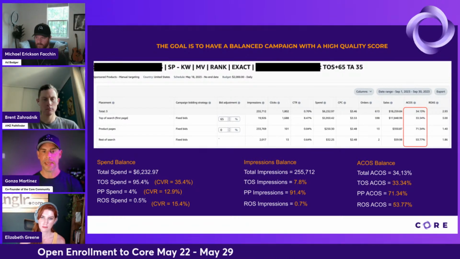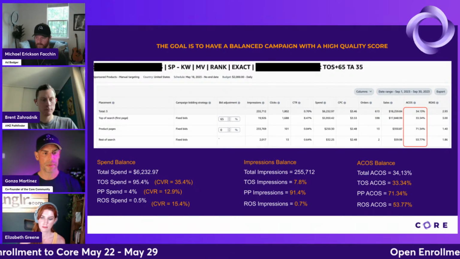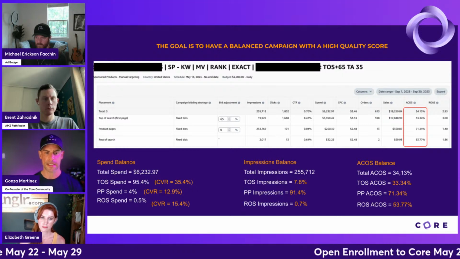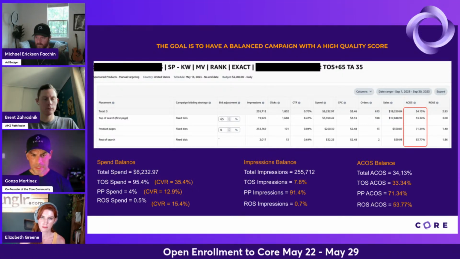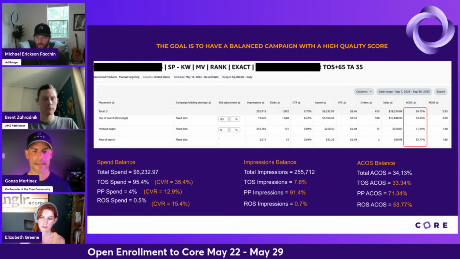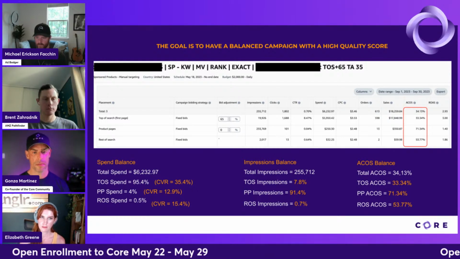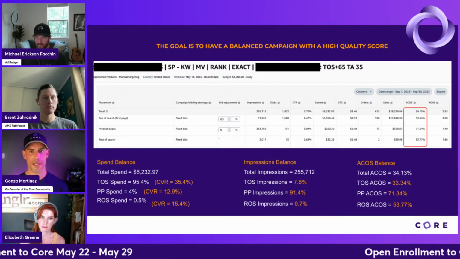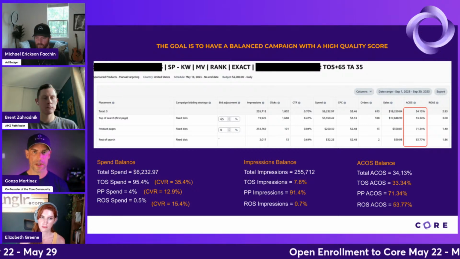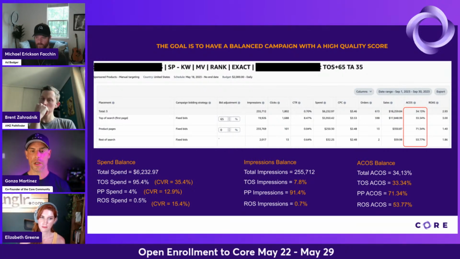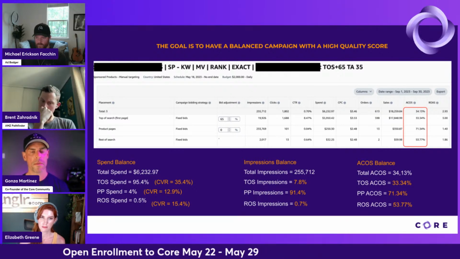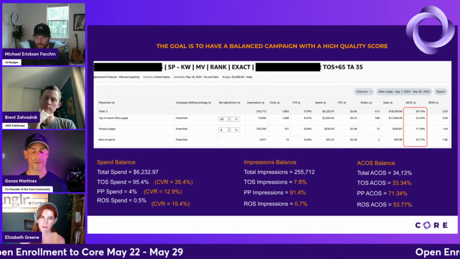I'm using a campaign that created a lot of impressions, clicks, and sales. This is from last September. And this is a scenario that most people within Core do and understand, and they optimize this way. But more often than not, I talk to people who are not looking at campaigns this way.